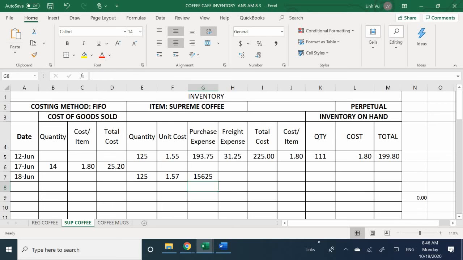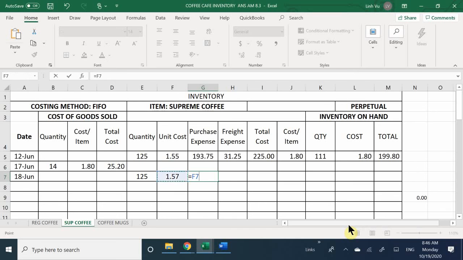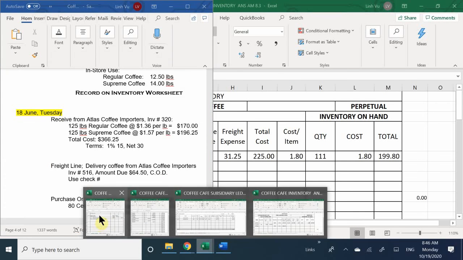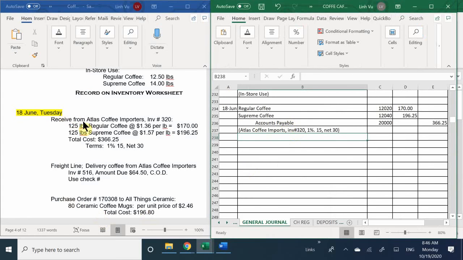You said 1.57 is the unit cost, and the purchase expense is 196.25. There you go, 196.25. Okay. All right. Now you can continue.